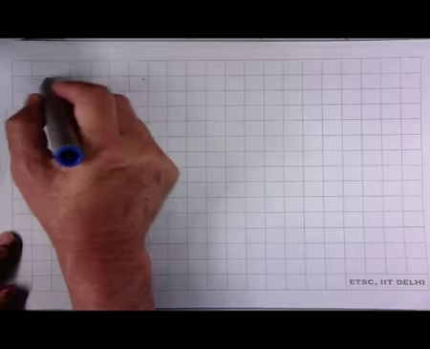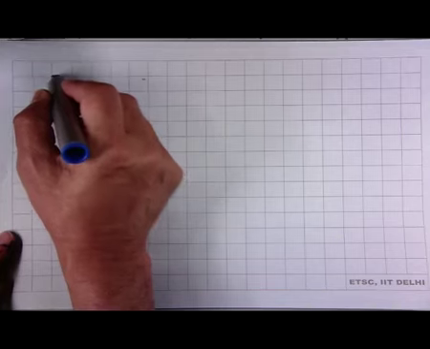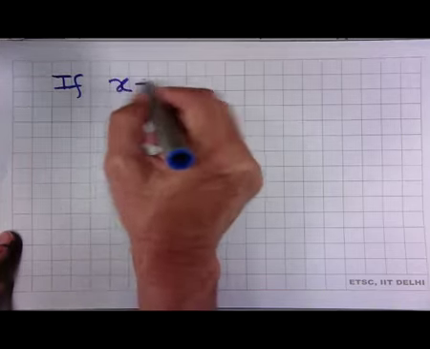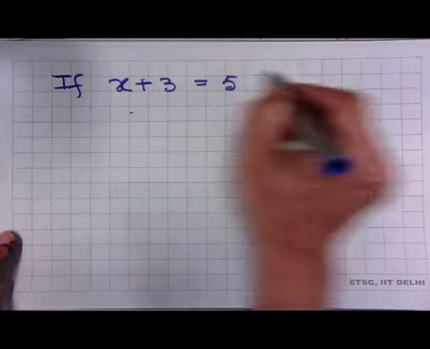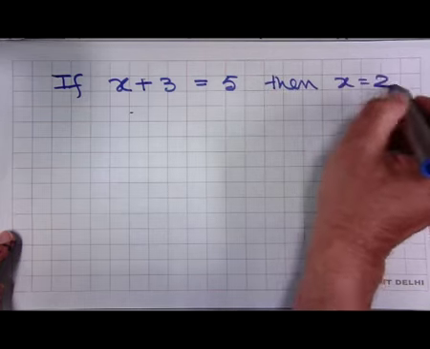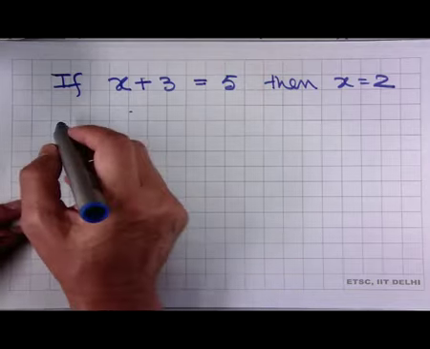The last example is, consider the statement: if x plus 3 is equal to 5, then x is equal to 2.